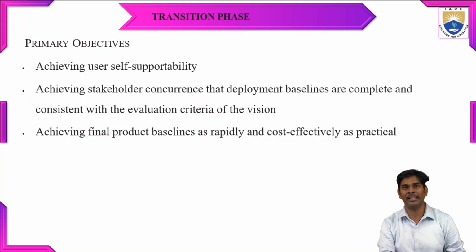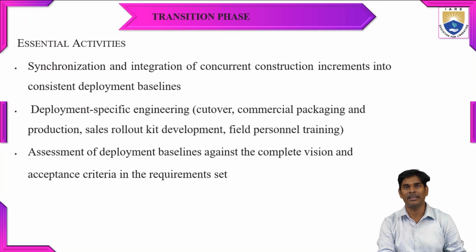So when we are releasing the products, they should be complete and consistent, and meet the vision and final product baselines as rapidly and cost-effectively as possible. When you're releasing any final product, it has to match the software project, and it should be very cost-effective in practice.